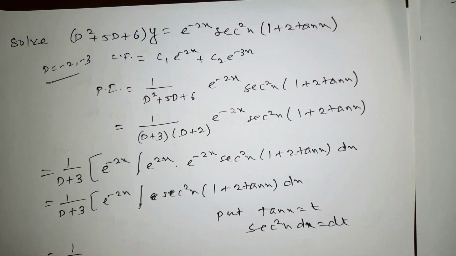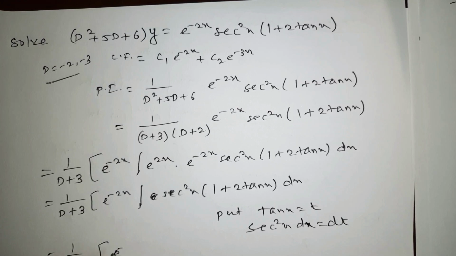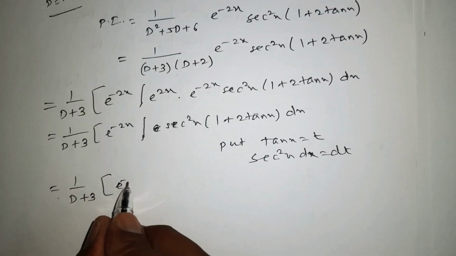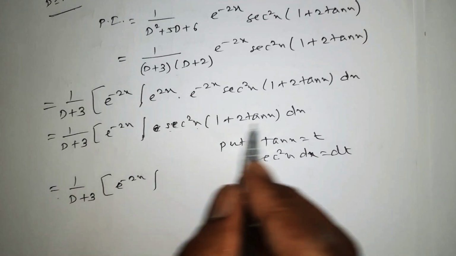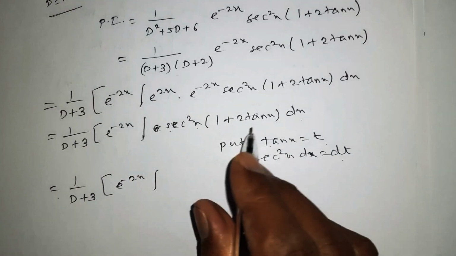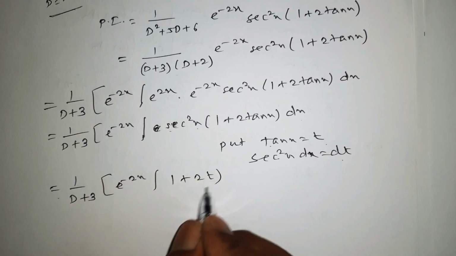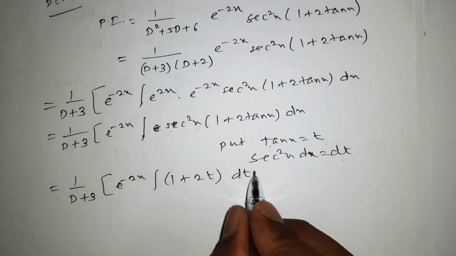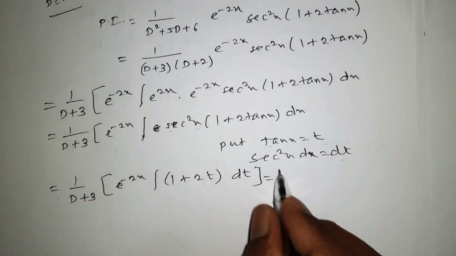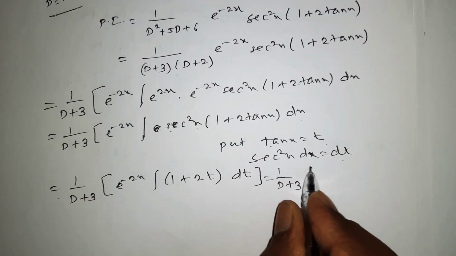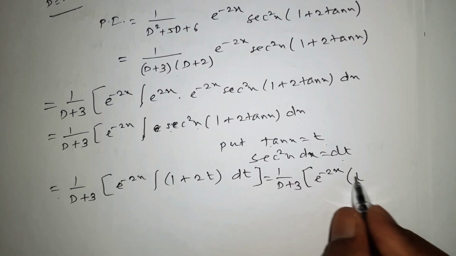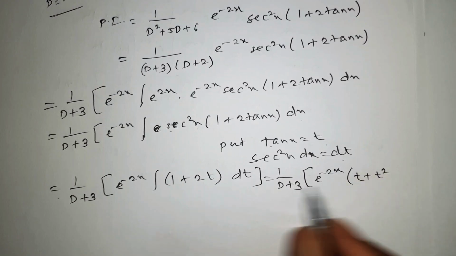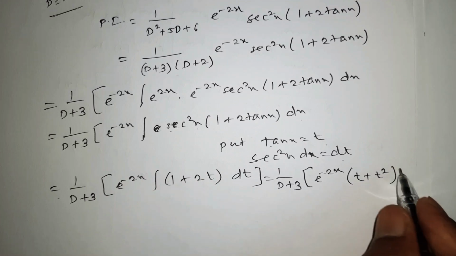So I get 1 upon D plus 3 e raised to minus 2x integration of secant square x dx is dt, and tan x is t, so I get 1 plus 2t dt. So my answer is 1 upon D plus 3 e raised to minus 2x in bracket t plus t square by 2, where the 2 gets cancelled: t plus t square.